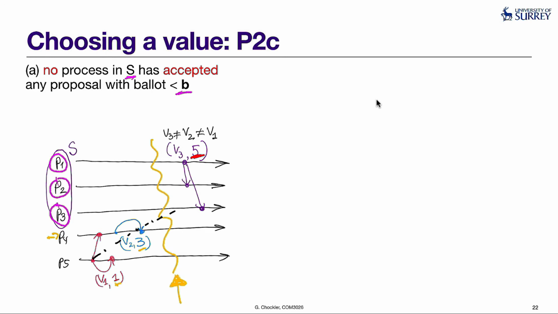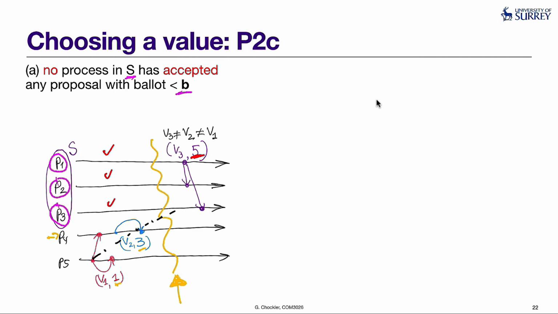Okay, so the next leader has ballot 5. So it happens to contact quorum S, and it does not see any prior proposal at either P1 or P2 or P3. So in this case, it can conclude that no prior proposal was chosen.